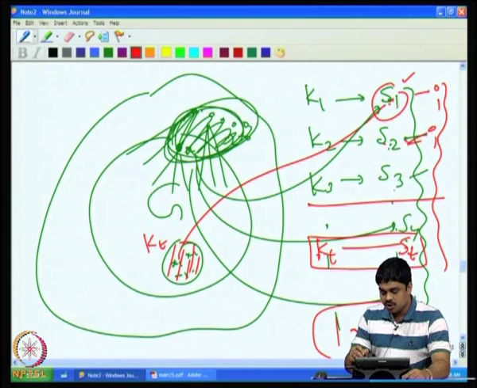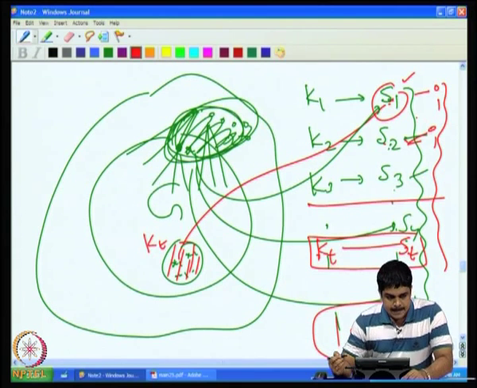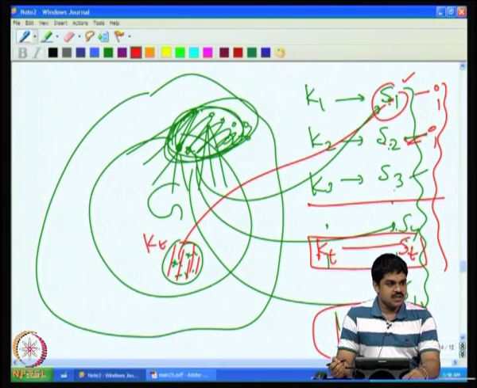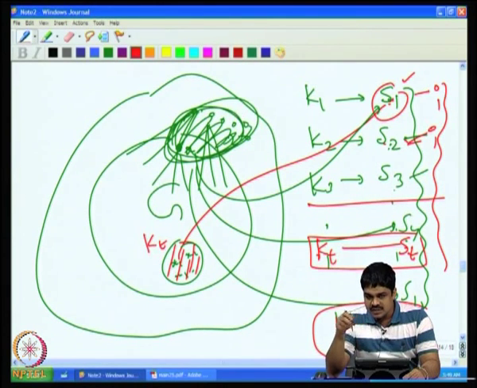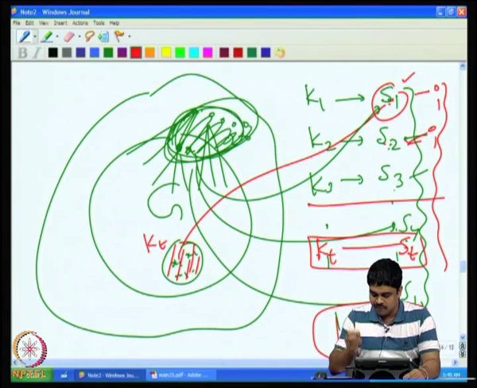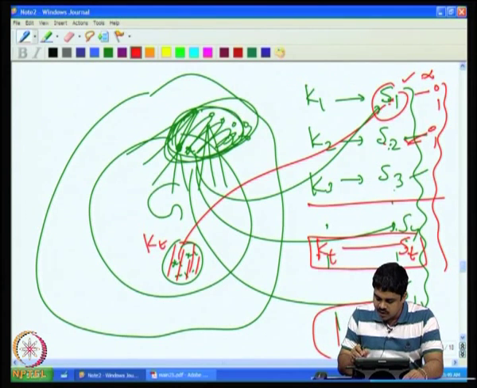S1 can only contribute its total cardinality, because every vertex in S1 will count once, not twice. So all the vertices in S1 will count once, and therefore S1 will contribute its cardinality, namely alpha, to the total count.